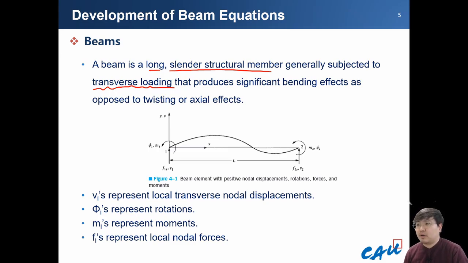So compared to the truss element, in the beam element we are going to deal with transverse loading or displacement or some moment. To consider those kinds of moments and transverse displacement, we should define a single beam element. This is the first node. This is the second node.